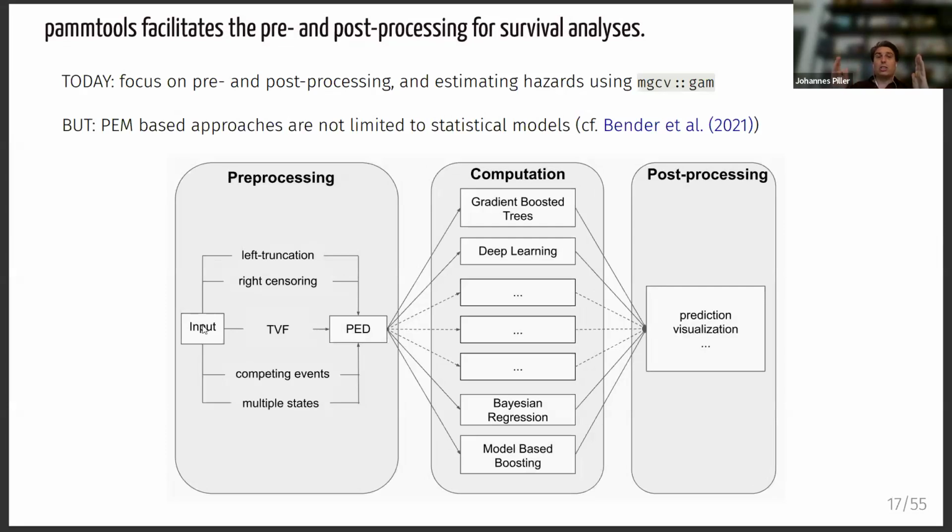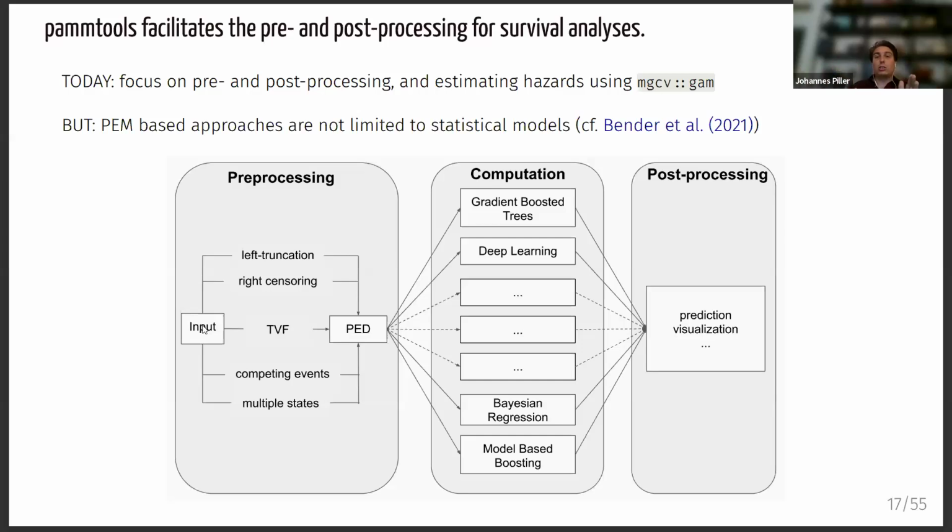So piecewise exponential data, on which we then can fit various and numerous methods, which can estimate our hazards and so on. And with these estimated hazards or transition probabilities, cumulative incidence functions, we then can make a prediction and visualize our data. What PAMtools does is basically the first thing and the last thing.